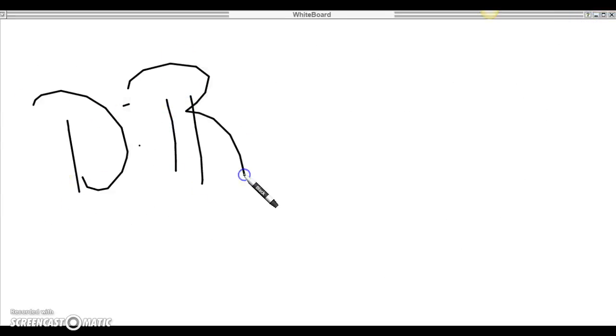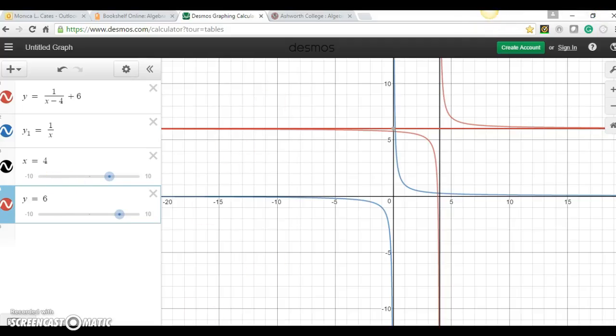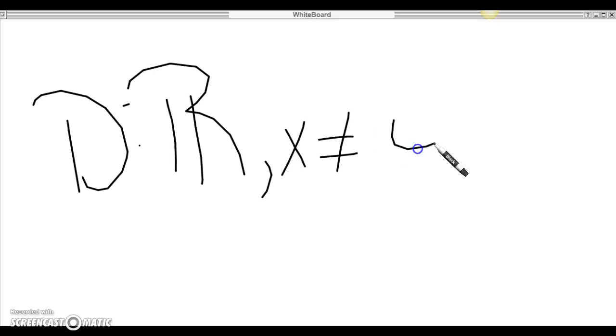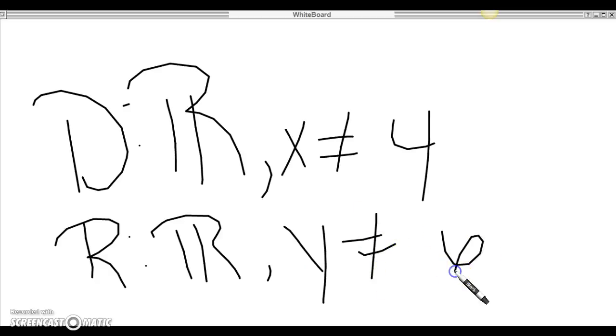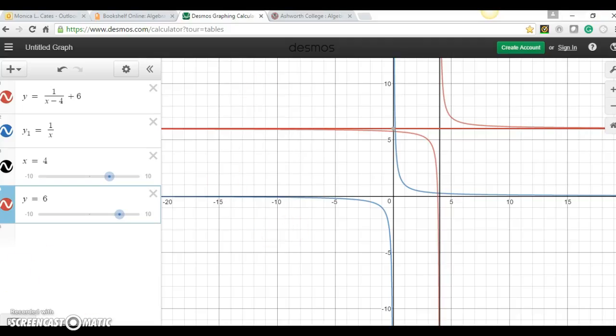For my domain, I'm going to use my symbol of all real numbers except x is not equal to 4. And range is all real numbers except y is not equal to 6. So those are the values that it cannot be, those are my domain and my range. I hope this helps.